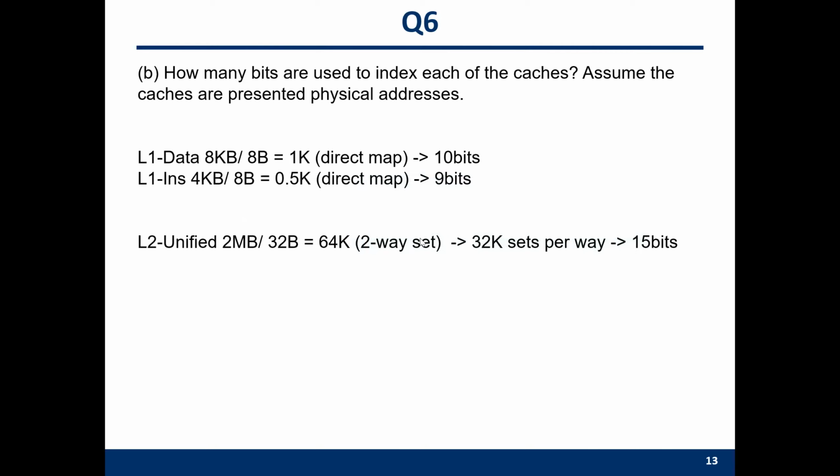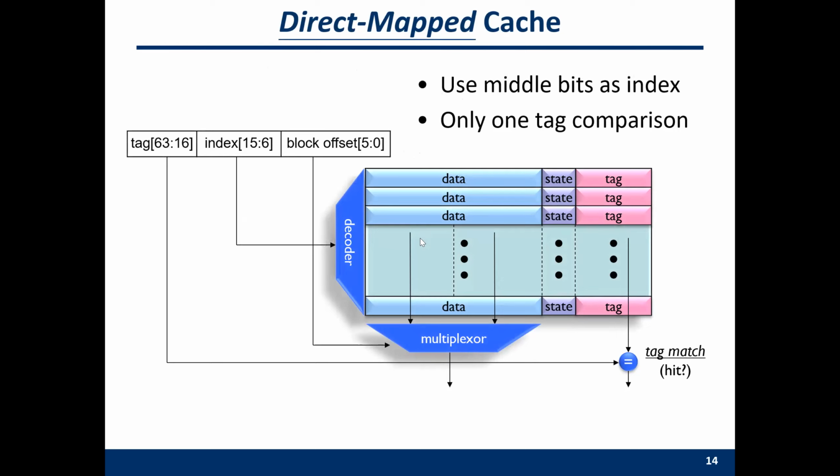For the data cache, the size is 8 kilobytes. You have 1K blocks. 1K indicates 2 to the 10, which means you need 10 bits. So for the L1 data cache, 8 bits here.